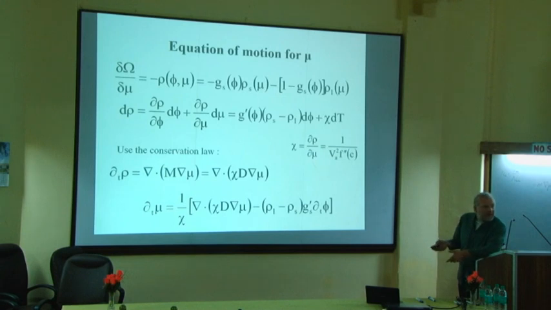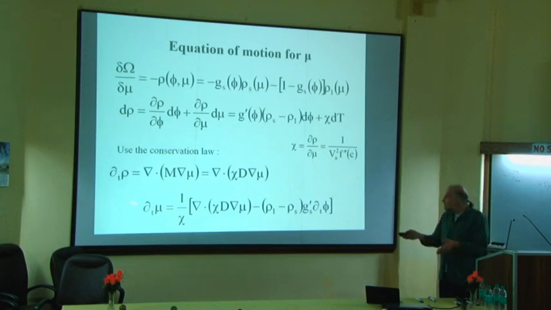Now, the specific heat often you can assume to be constant, but this function is often a very strongly varying function of C. So you cannot assume that chi is constant, which means that you cannot simplify it here, because upstairs it's inside the divergence, and downstairs it's just a prefactor. So unfortunately, I cannot simplify this equation. I just have to leave it like this. But this is the equation that you have to solve.